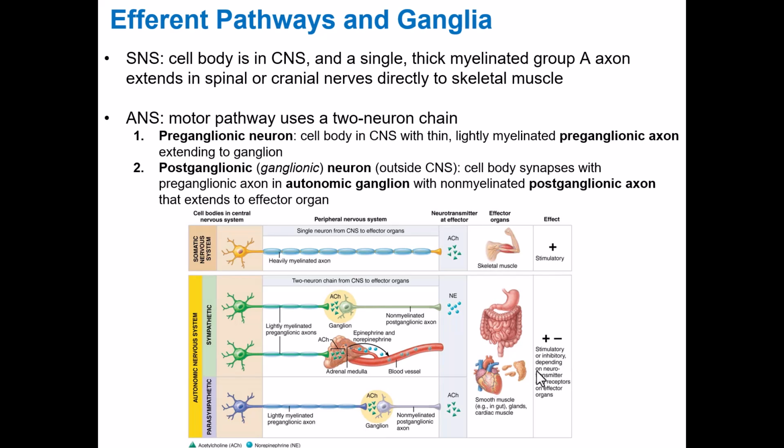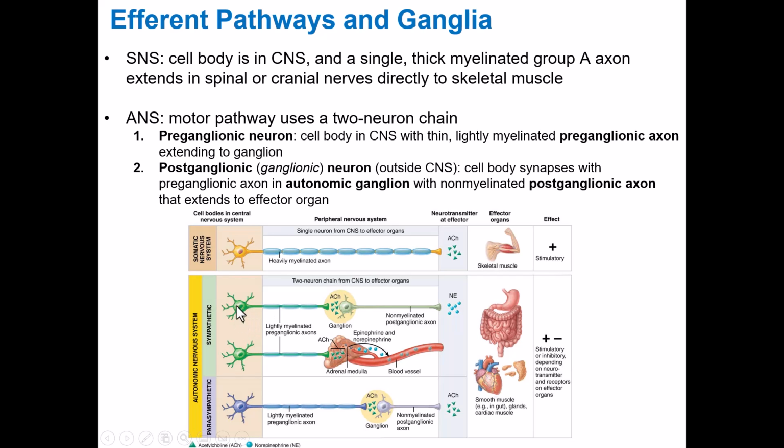Another way they're different is in the pathways they use to get to those effectors. In the somatic nervous system, we have one neuron leaving the central nervous system. The cell body of that motor neuron is in the central nervous system. The axon leaves the central nervous system and heads to an effector, in this case, a skeletal muscle. But in the autonomic nervous system, it takes two motor neurons in succession to reach those effectors.